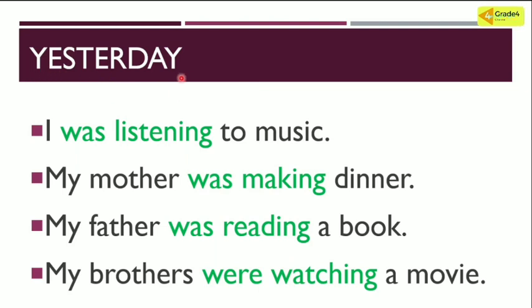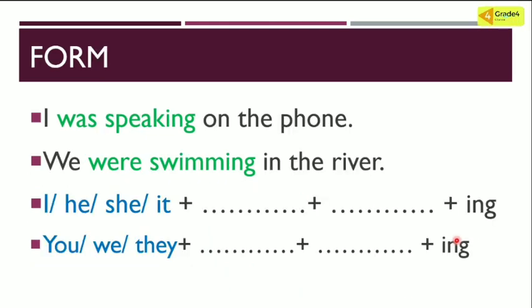I was listening to music yesterday. My mother was making dinner. My father was reading a book. My brother was watching a movie. Do you know the form of past continuous? I was speaking on the phone. We were swimming in the river.